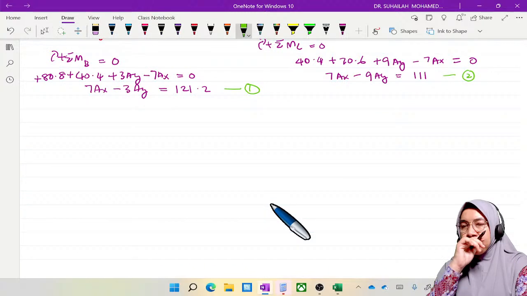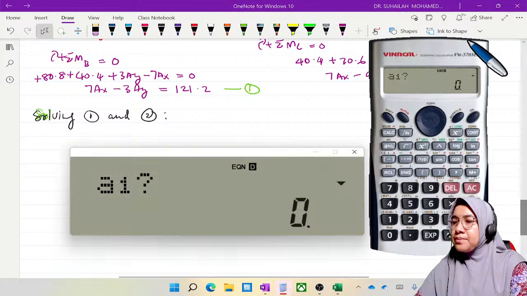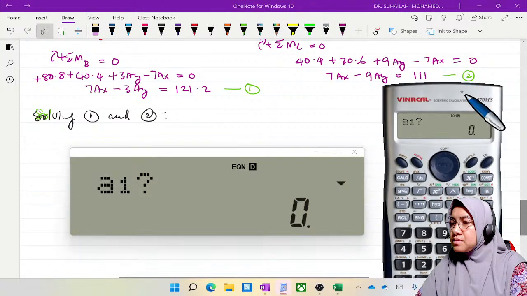These are the two simultaneous equations. So by solving 1 and 2, we choose equations with two unknowns.